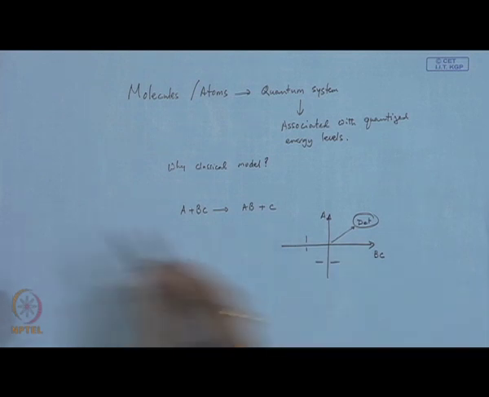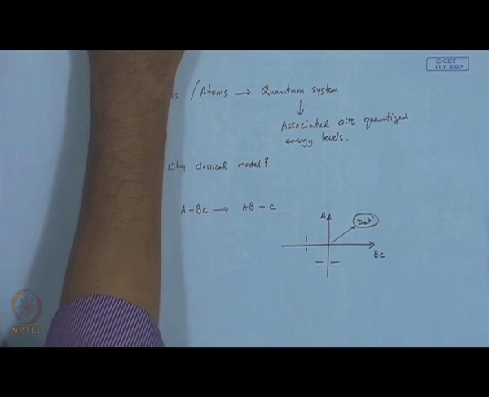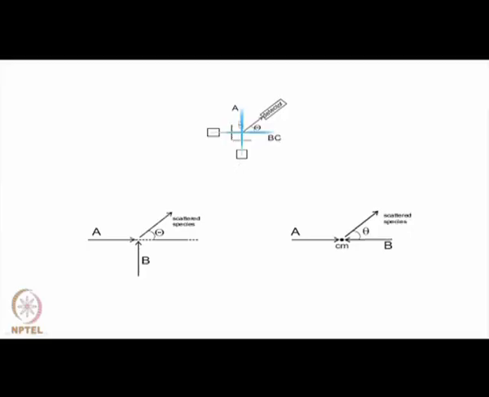Laboratory frame means this is your A, this is your BC, and this is theta, the angle of the detector, that is the angle with respect to maybe BC or maybe with respect to A. Let us say it is the angle with respect to BC, and the scattered species is detected over here. So, this is A plus BC, this is the scattered species, and these are in the laboratory frame of reference.